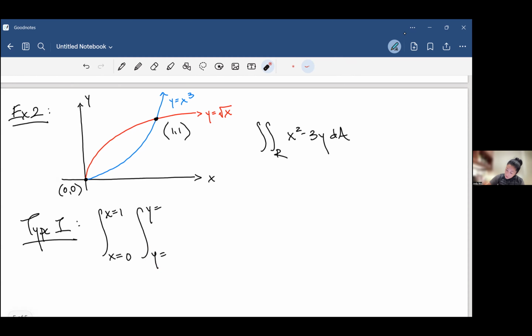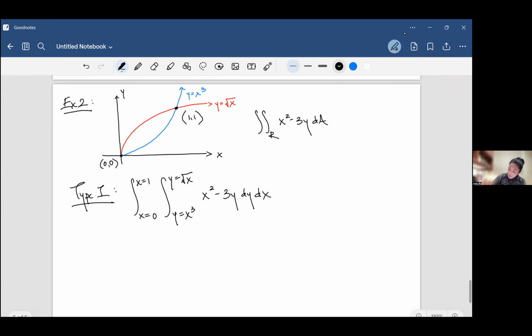Okay. And so my top function I can see is the square root of x. That's the red curve. And the bottom function is y equals x cubed. That is the blue one. Okay. And I'm going to integrate x squared minus 3y and then dy dx. Okay. That's what we would call a type 1 integral.